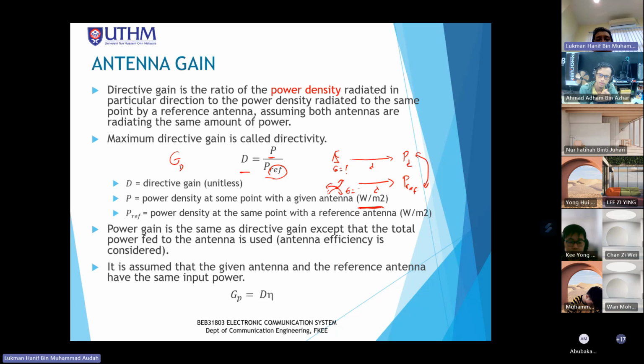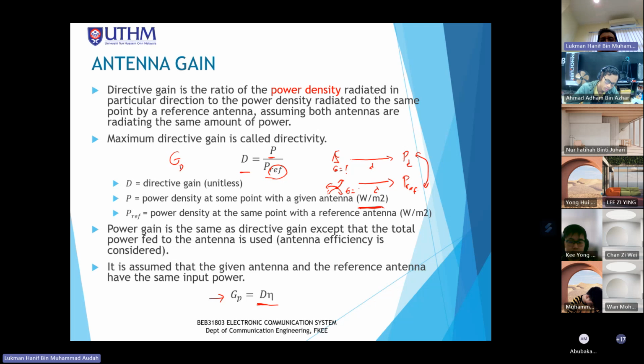Once we know the directivity gain, we can then find the power gain. The power gain is known as GP. Before this we had GD, the directivity gain. The other type of gain is the power gain. Power gain is equal to directivity gain multiplied by the antenna efficiency.